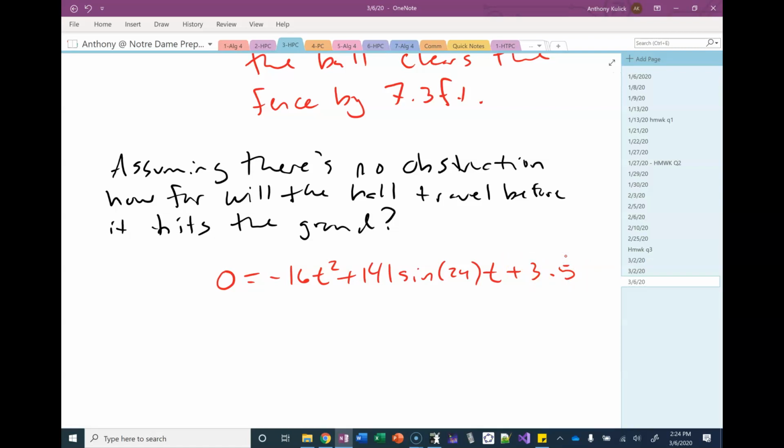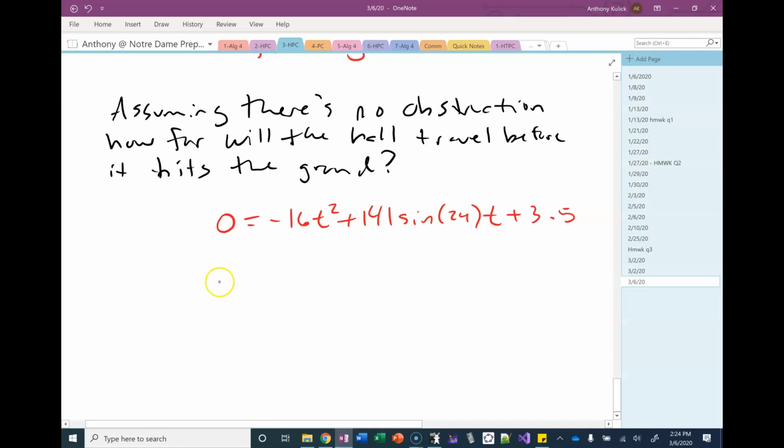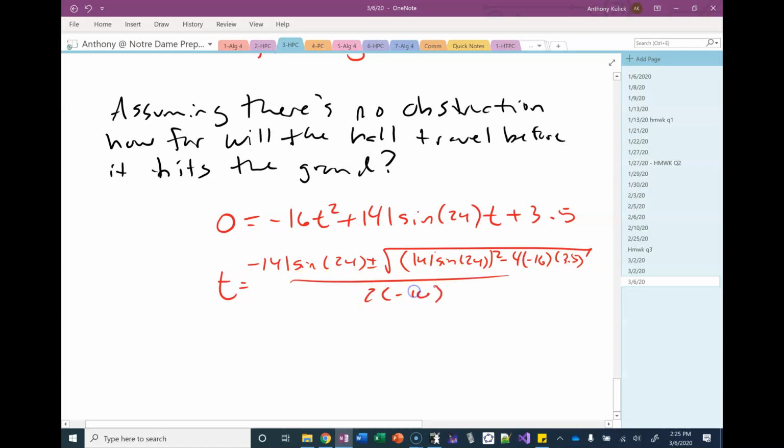How would I solve something like this? What kind of an equation is this? Quadratic. How would I solve this then? So using the quadratic equation is what I would do. So I would say t is equal to negative 141 sine 24 plus or minus the square root of (141 sine 24) squared minus 4 times negative 16 times 3.5, all over 2 times negative 16.